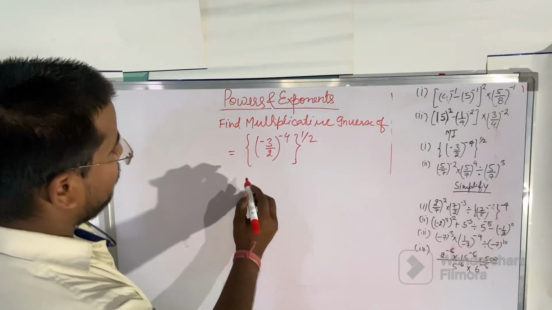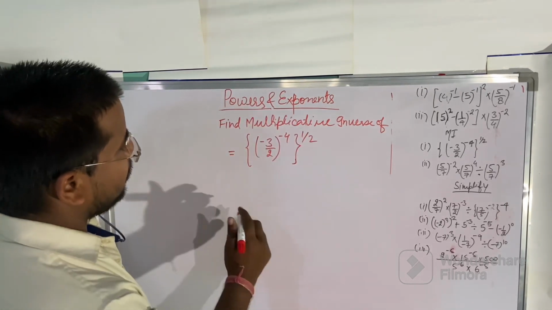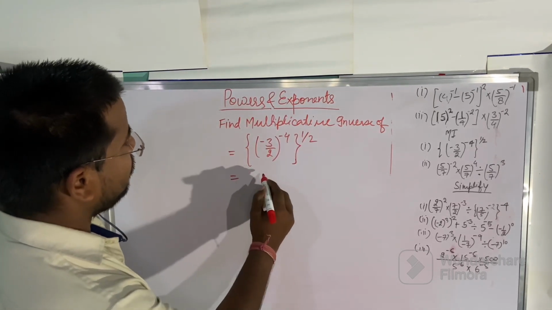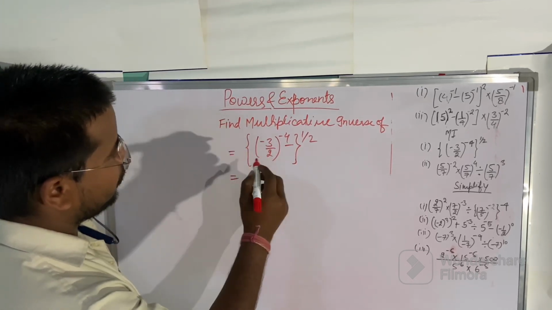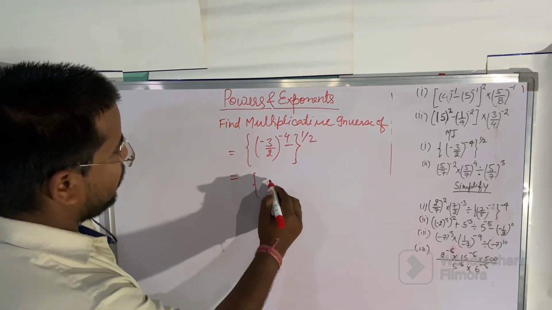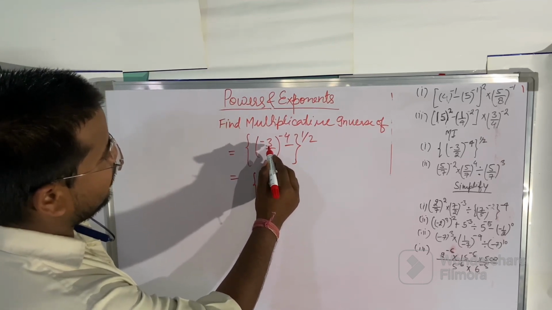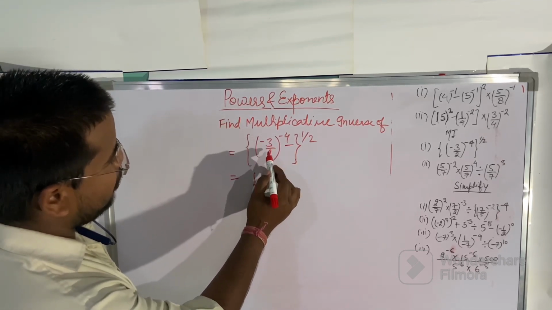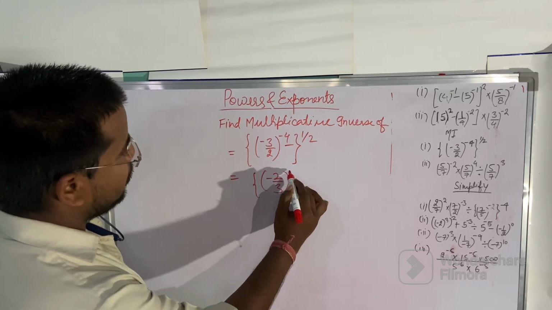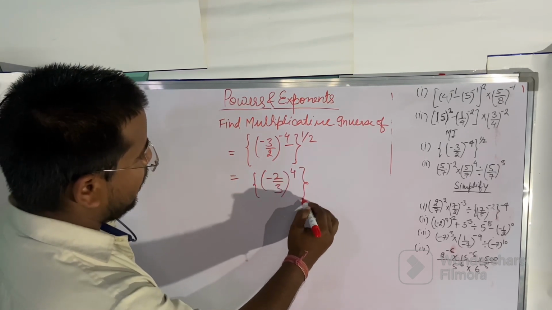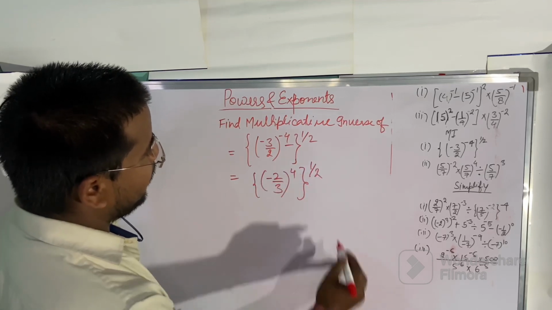So let's see. First we solve that. They said to find the multiplicative inverse of that number. We see that there is a negative power. Our task is to change this negative power into a positive power. So if I write the reciprocal of that fraction, -3 by 2, that means -2 by 3, its power becomes positive, +4, and its power again is 1 by 2.